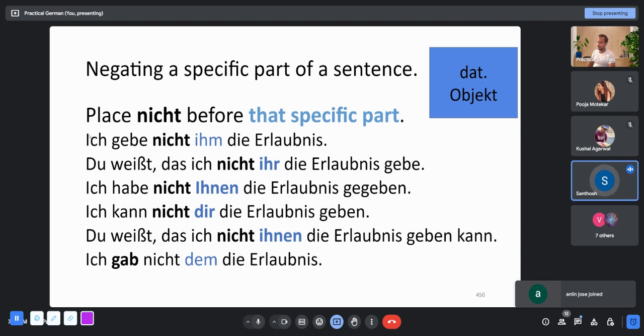Ich habe nicht ihnen die Erlaubnis gegeben. Ich kann nicht die Erlaubnis geben. Du weißt, dass ich nicht ihnen die Erlaubnis geben kann. Ich gab nicht dem die Erlaubnis.